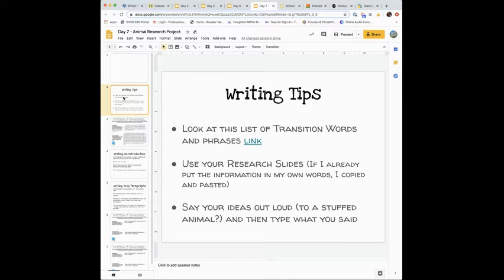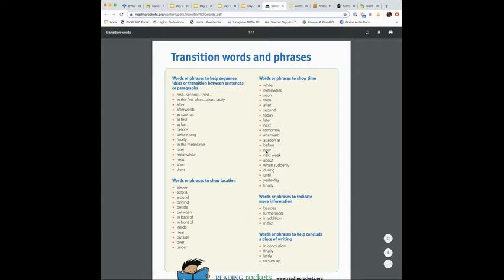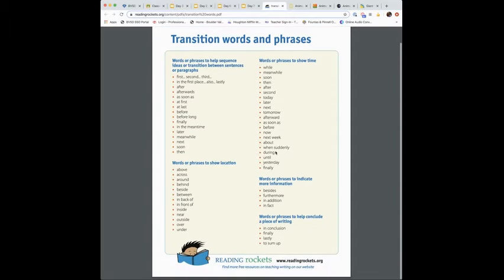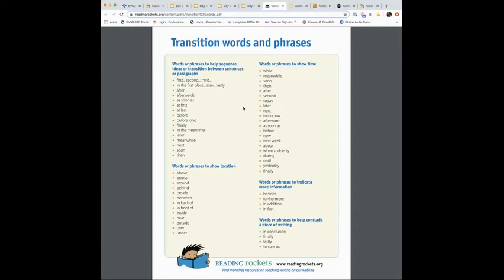It says here, look at this list of transition words and phrases. We've talked a lot about transition words this year, and I found this simple list right here to help you. All right, so this list comes from Reading Rockets, and it has some good ways to think about how to organize your writing.